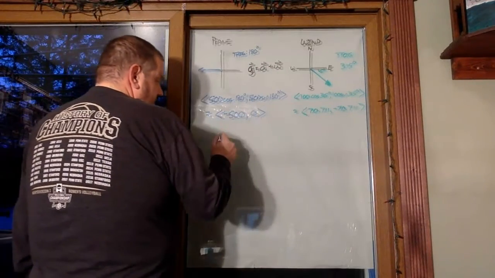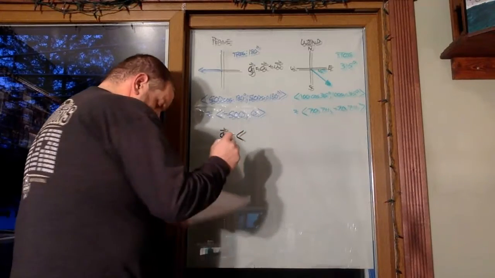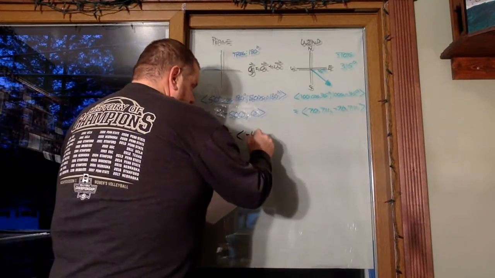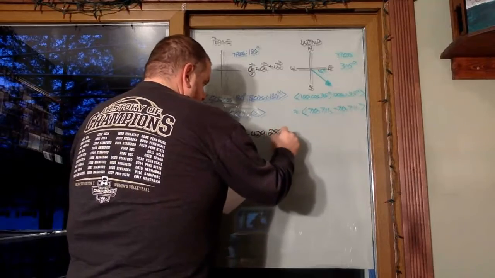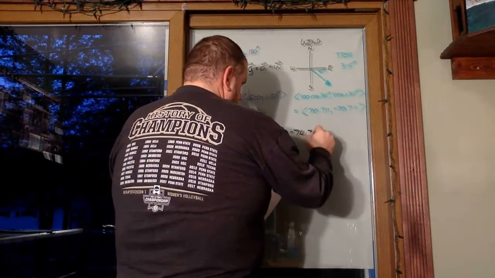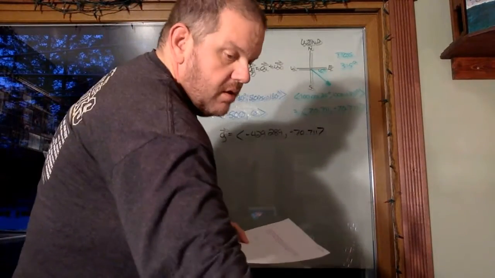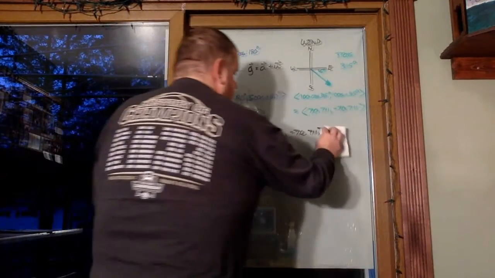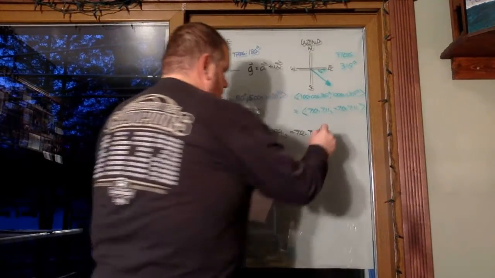If I add these two together, that gives me vector G as negative 429.289, comma, negative 70.711.